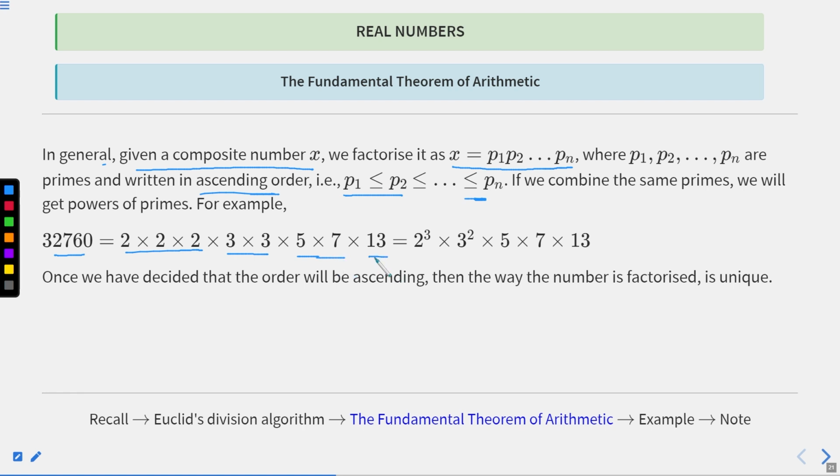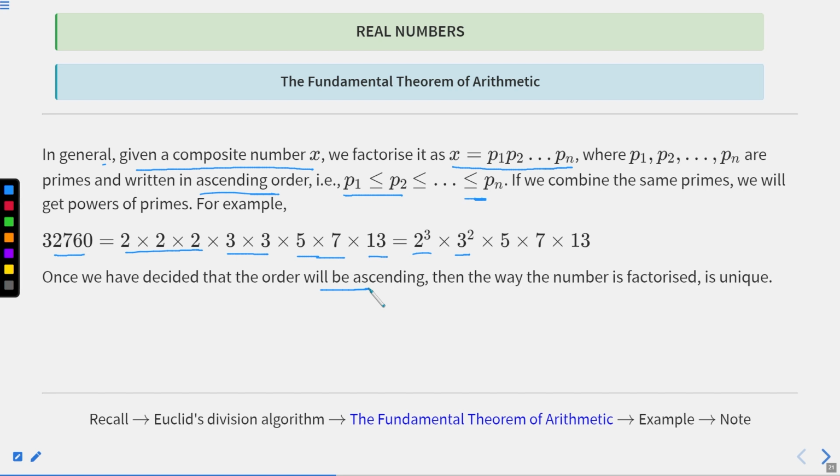This can be written as 2 to the power 3 into 3 to the power 2 into 5 into 7 into 13. Once we have decided that the order will be ascending, the way the number is factorized is unique.